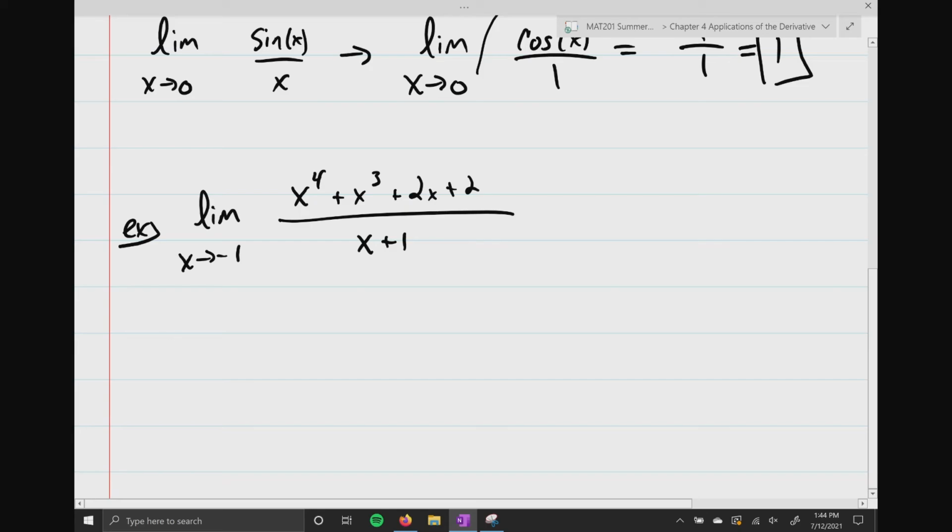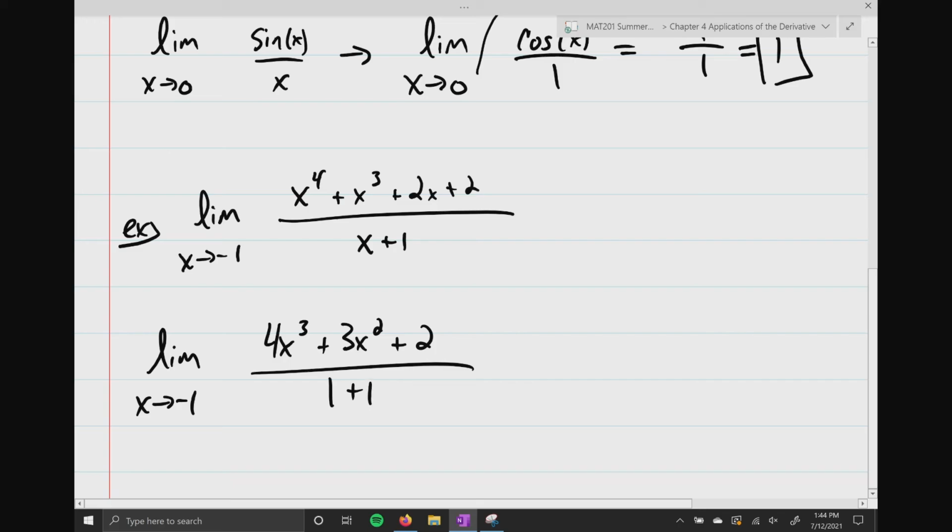I'm going to take the derivative of the top and the derivative of the bottom. So the derivative of the top is 4x to the 3rd plus 3x squared plus 2. The derivative of the bottom is just going to be 1. Now I'm going to use direct substitution.